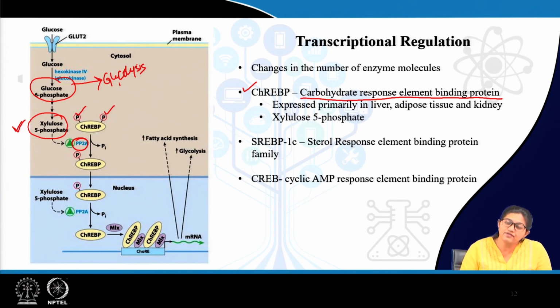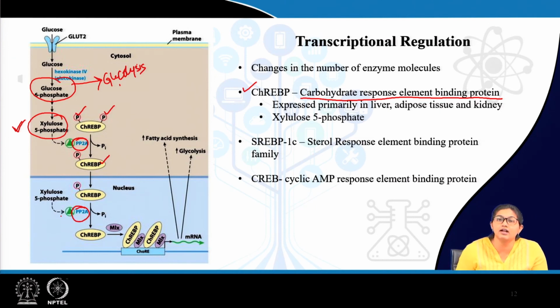Now, xylulose 5-phosphate activates phosphoprotein phosphatase 2A, which dephosphorylates, and one phosphoryl group is hydrolyzed. This dephosphorylated form enters the nucleus through the nuclear pore. In the nucleus there is a nuclear form of phosphoprotein phosphatase 2A, which is also activated by xylulose 5-phosphate.